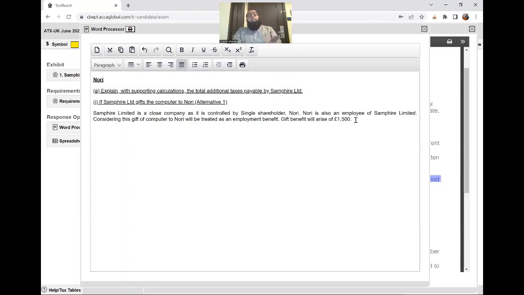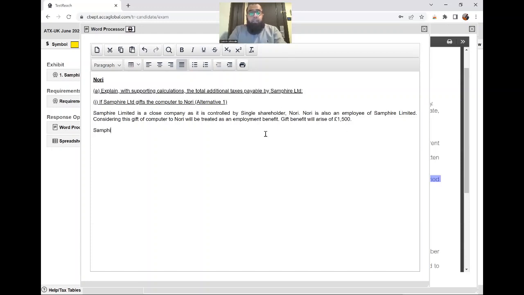Okay, now on this gift benefit, there will be income tax and there will be NIC. If you look at the question, he says, explain with supporting calculation the total additional taxes payable by Samphire Limited. So Samphire Limited will pay NIC.